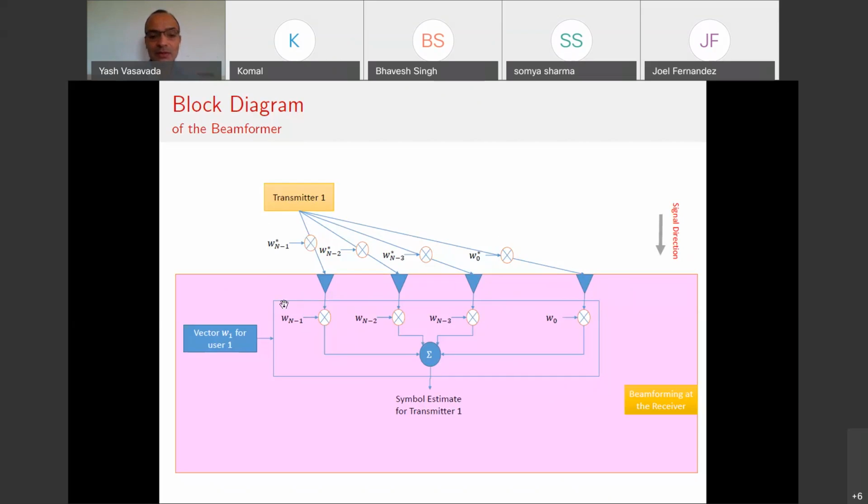The only thing it has is the phase. Its magnitude is always 1. And if you take any complex number whose magnitude is 1 and multiply it by its complex conjugate, the value becomes 1. So each individual line gives you the same value of 1, and at the output you get the maximum output, which is equal to capital N. That is the characteristic of the single user match filter, that it will maximize the output in the direction of interest.